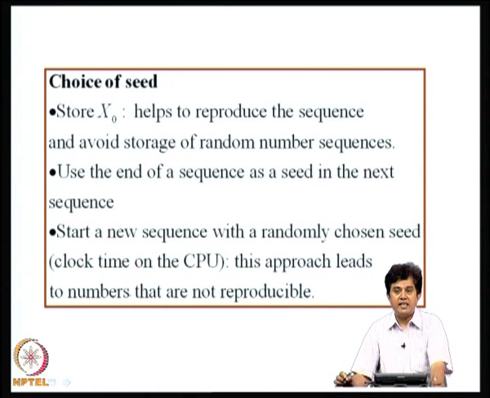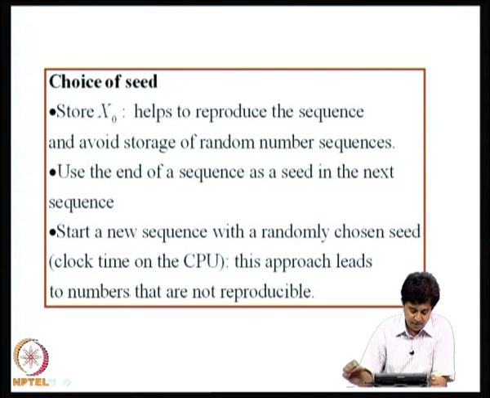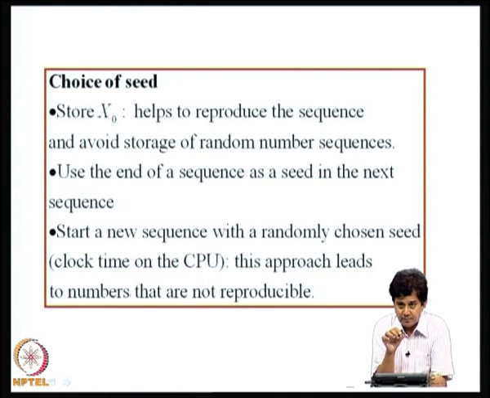Now, I talked about seed. On a computer when you are generating random numbers, if you want to debug your program, every time you run the computer, suppose you are generating 10,000 random numbers, it is useful to get the same 10,000 numbers. One way is to generate them and store and read from the disk, but it is infeasible if you are really doing a practical problem to store all the random numbers before and draw from them.